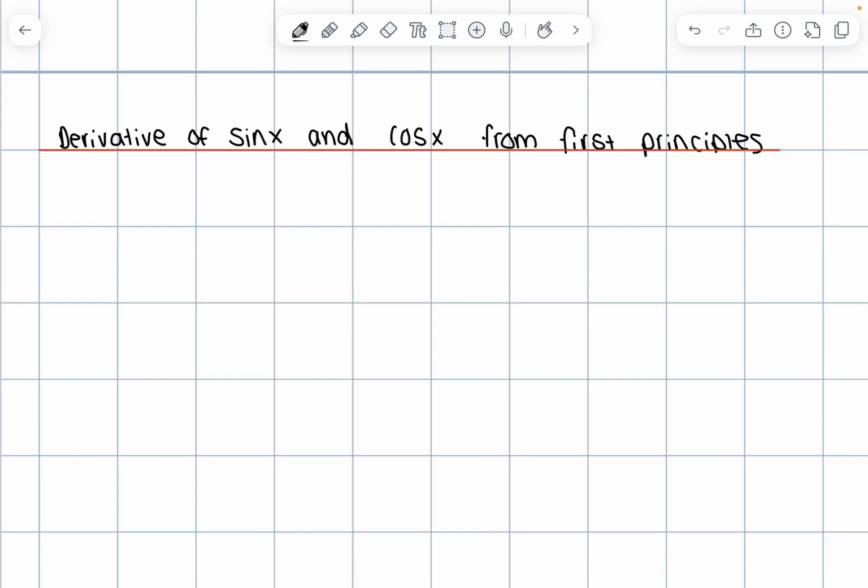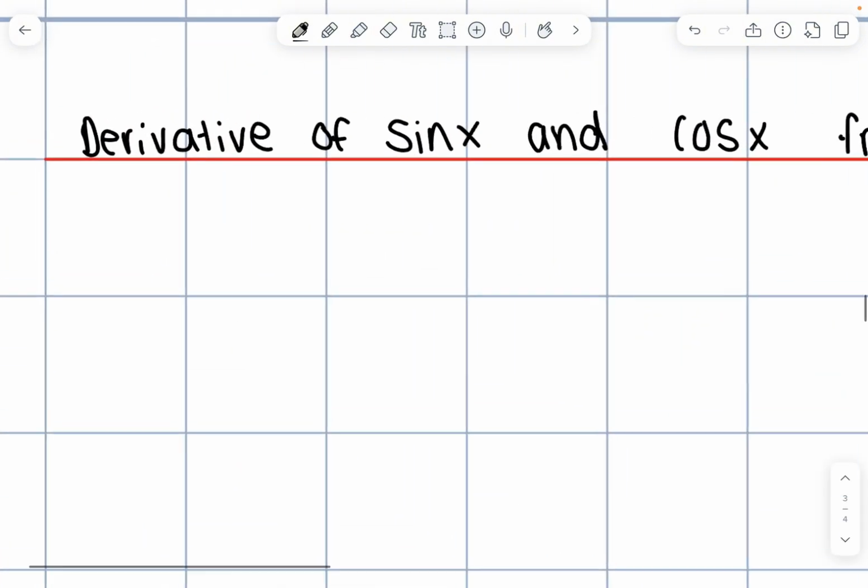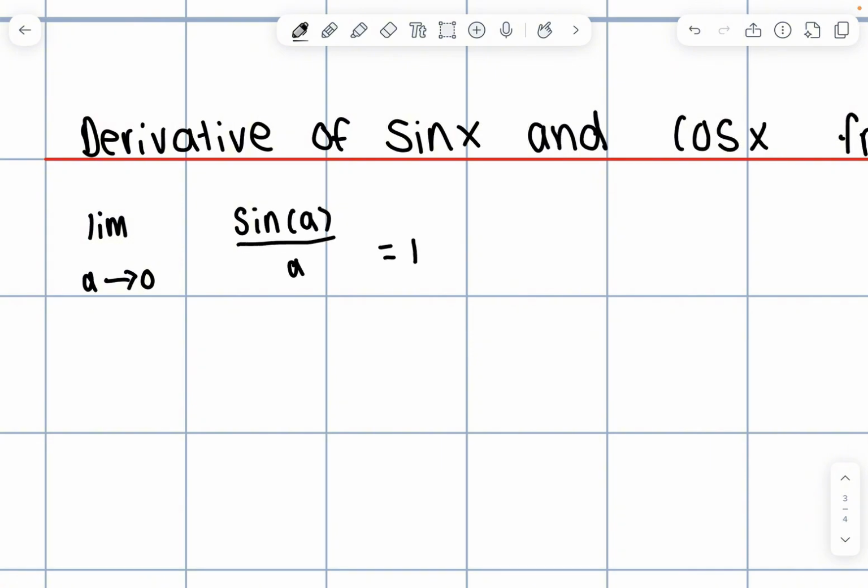So a few limit identities that we need to know for these proofs to work are: the limit as a tends to 0 of sine of a over a is 1.